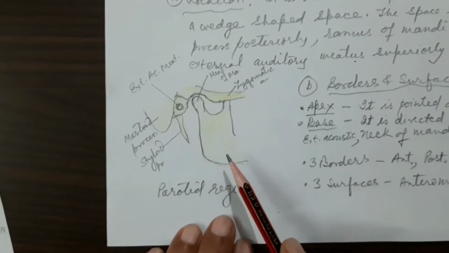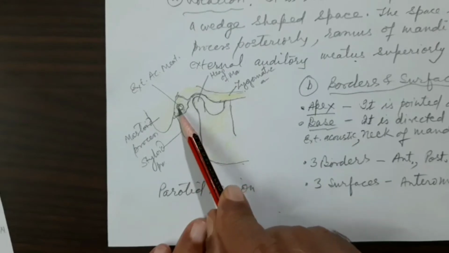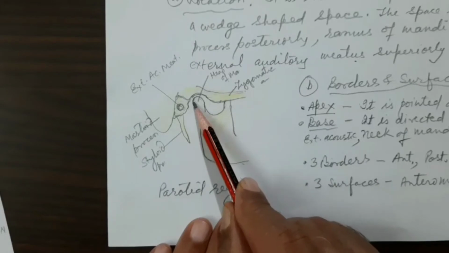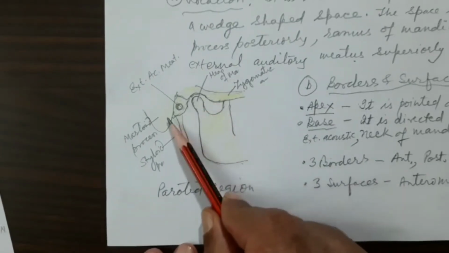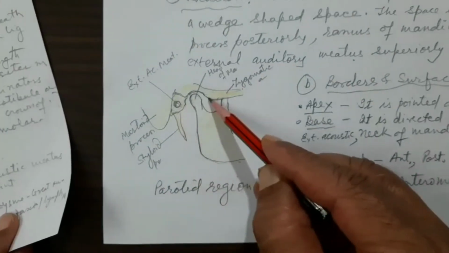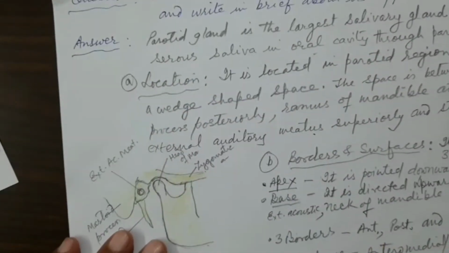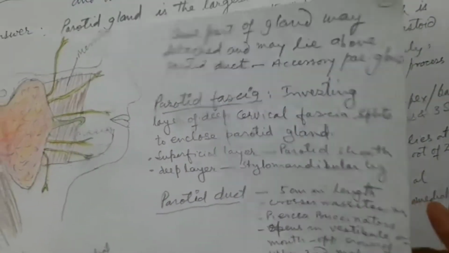The base is directed upward, and it lies in relation to the external acoustic meatus, the tympanic membrane, the neck of the mandible, and up to the root of the zygoma. The gland will fill this space. Now you know the borders, surfaces, apex and base: three borders, three surfaces, apex and base.